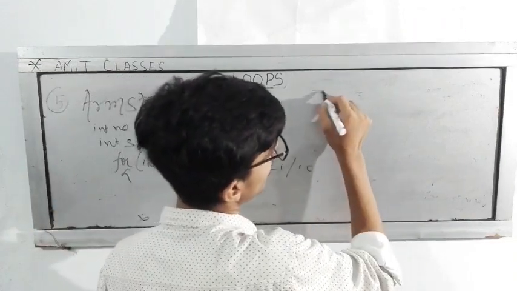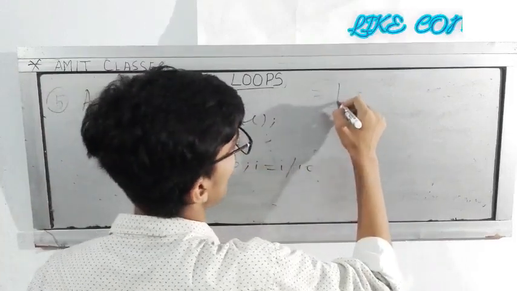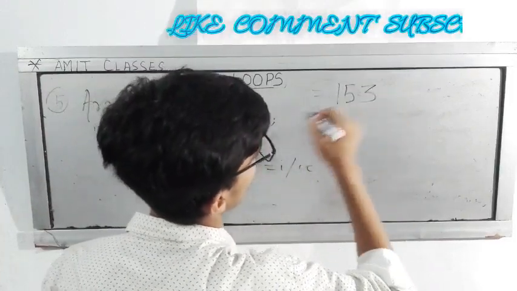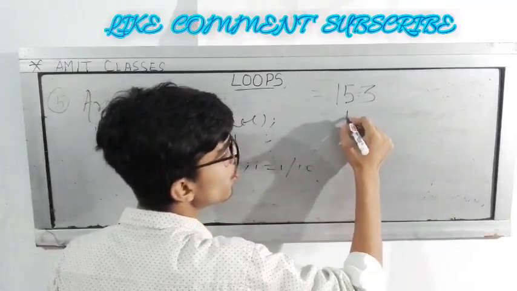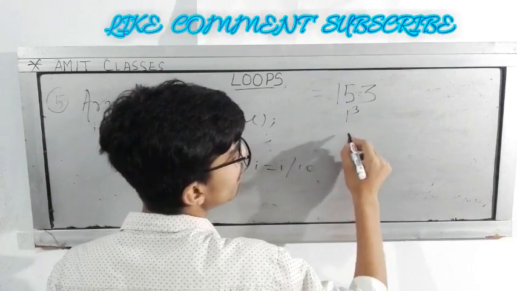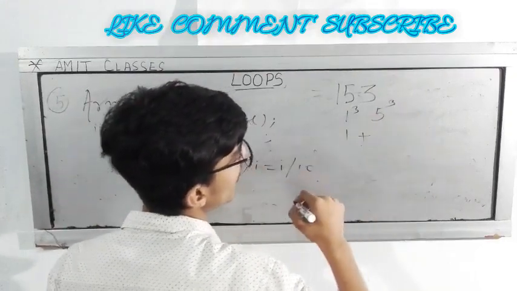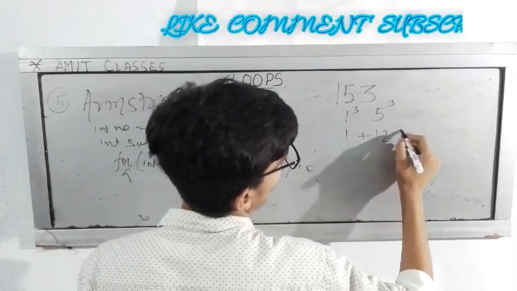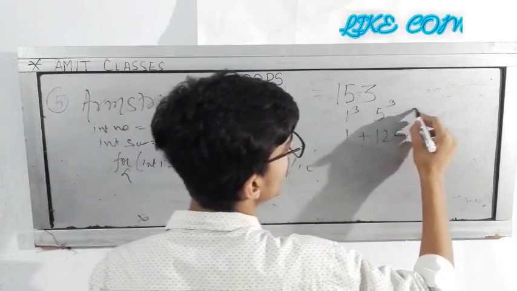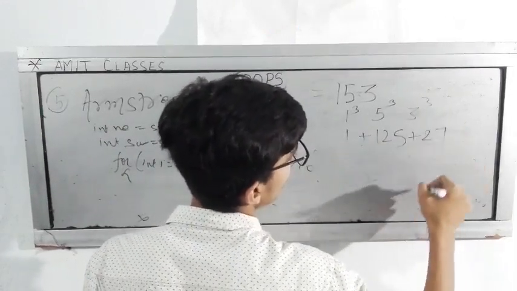We have an example of it as 153. Now if we do cube of 1, it will be 1, plus if we do cube of 5, it will be 125, and if we do cube of 3, then it would be 27.